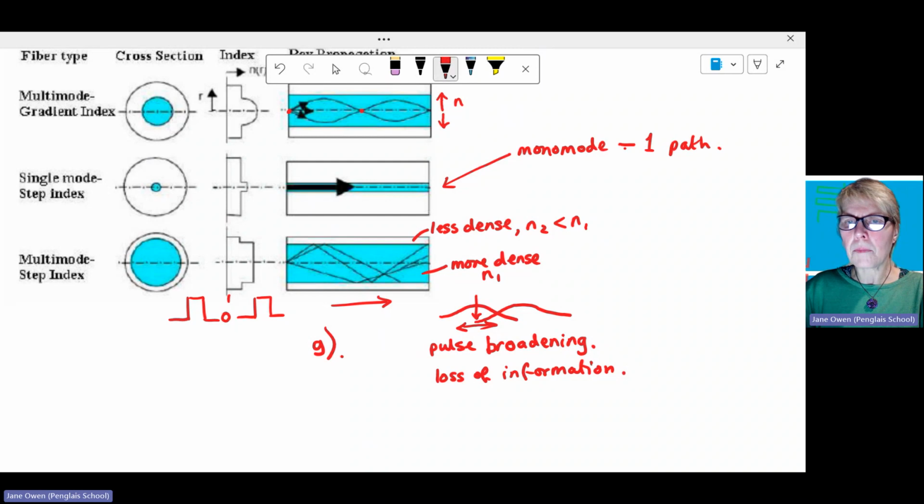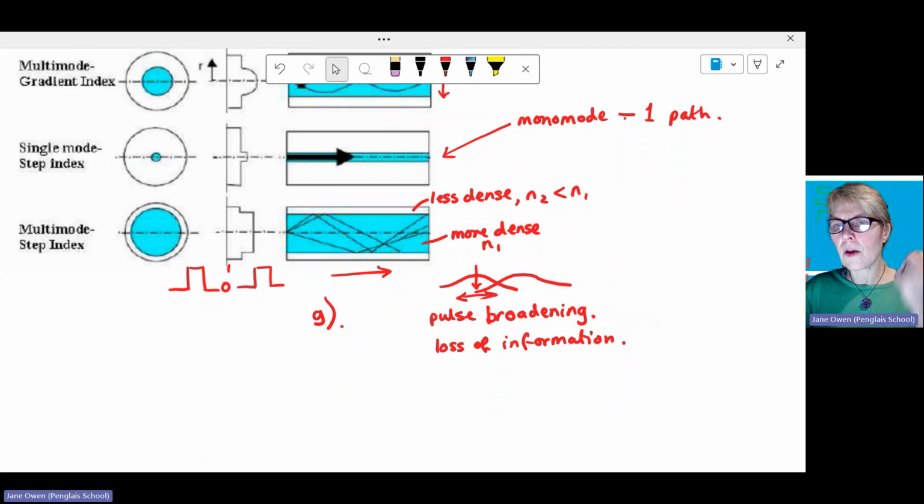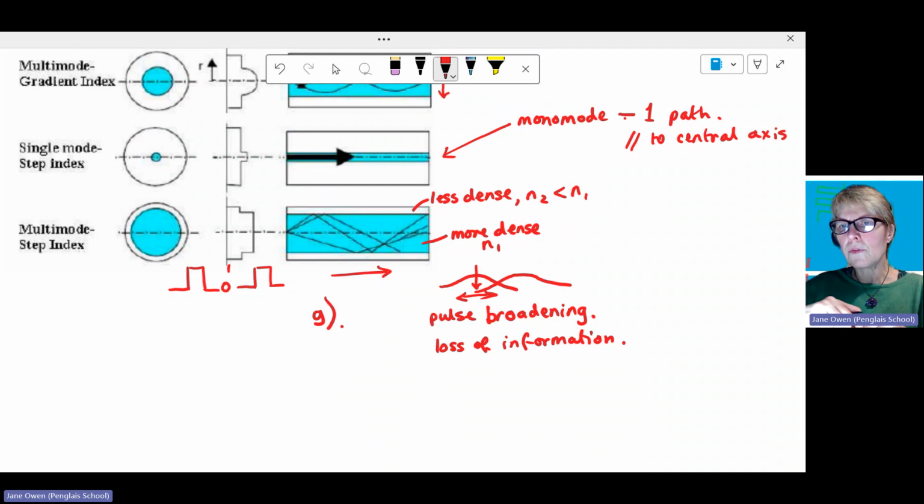Now, these are all examples of fiber optics and of how signals can get down that fiber optic. With a monomode, there's only one path, and that is parallel to the central axis. So even if it was bent into a curve, it will still pass down through the central core. There's only one path it could take, so it's only going at one speed and not at different angles at all.